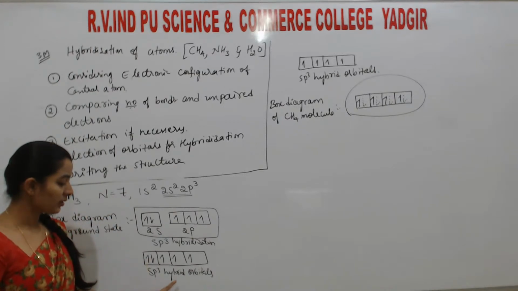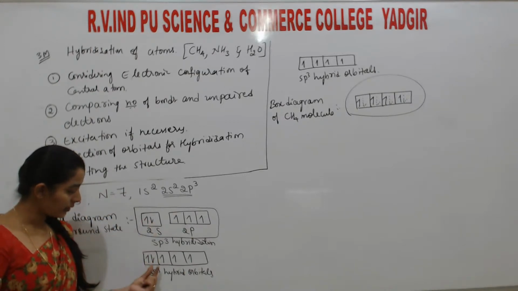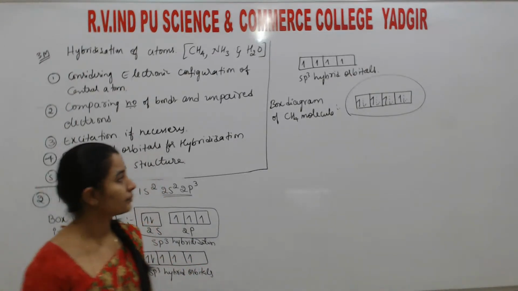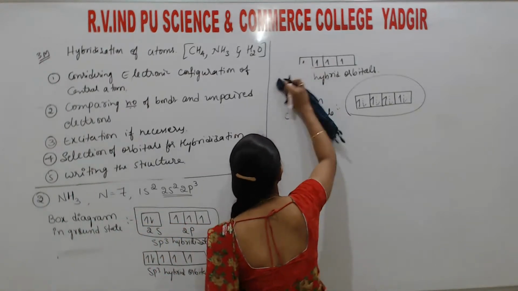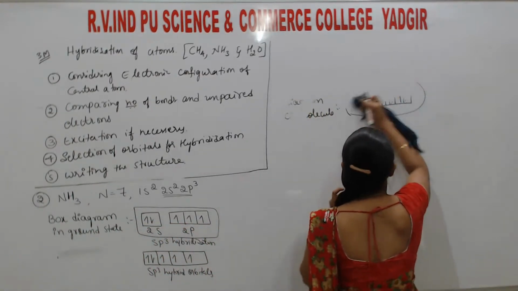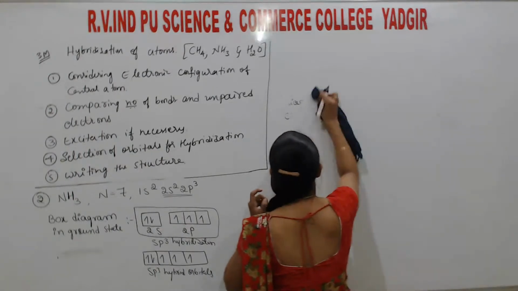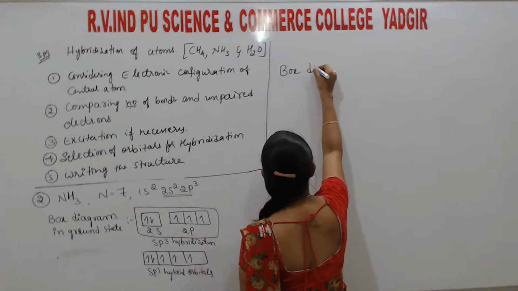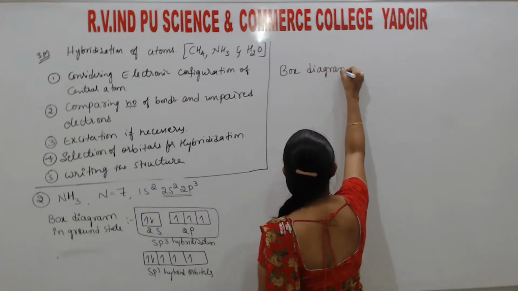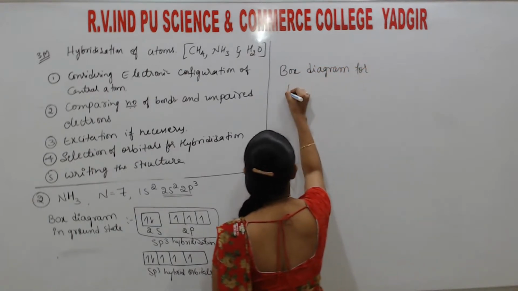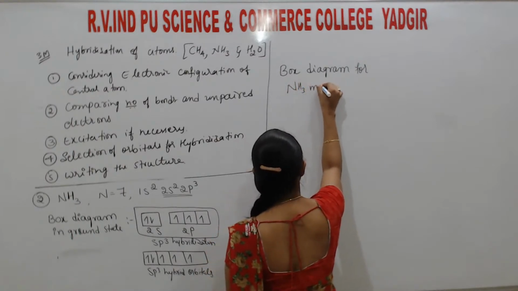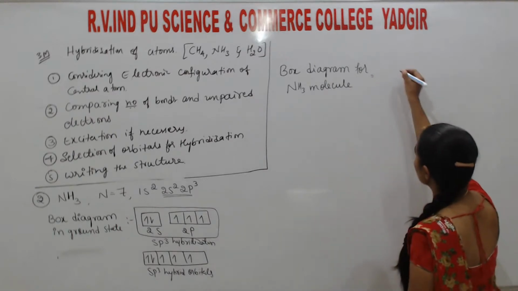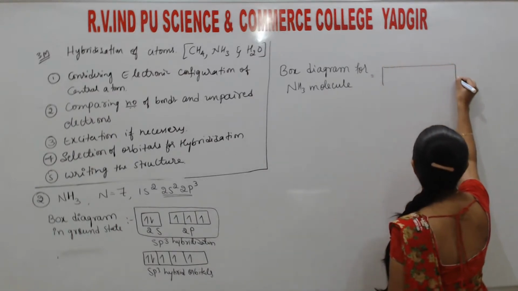This is sp3 hybrid orbital. This is s orbital like this, p orbitals are like this. Okay, the next one is the cross diagram for the NH3 molecule. So students, if I take here, these are the hybrid orbitals.